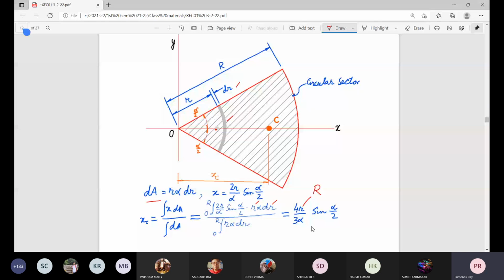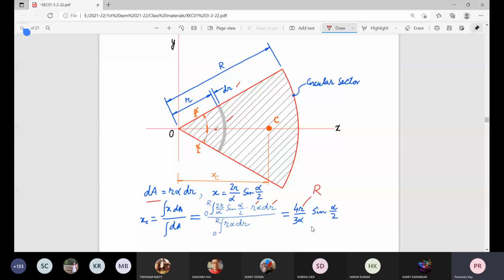Next, we can adopt some other method to find out the location of the centroid. What is that alternative approach? We consider one area element instead of a line element. It is in the form of a very small width triangle whose base is r d theta. Its position is at any variable angle theta, and the radial deviation is d theta for these two sides of this triangle.